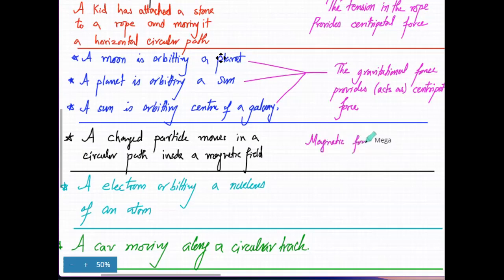The magnetic force on the particle, from the field produced by the moving charge, acts as centripetal force.